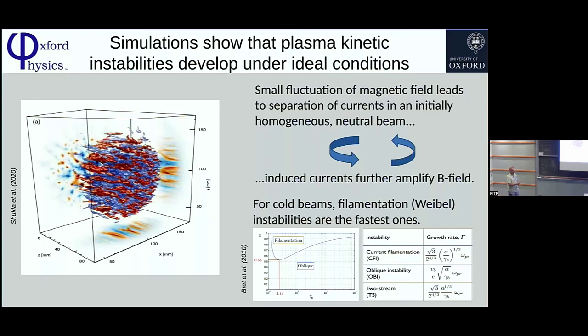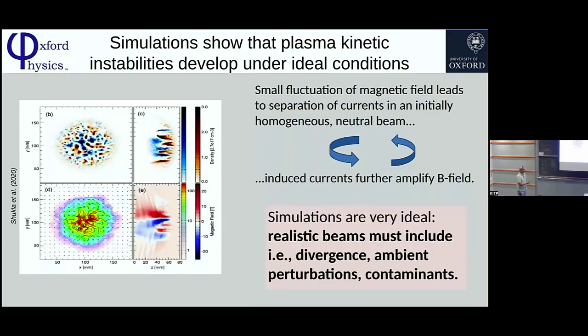All of this is done for very ideal conditions where the beams are collimated and there are only electrons and positrons with a background. But in reality, if we want to study the process, we need to include the fact that the beams have some divergence, so there is a transverse temperature which is not zero.